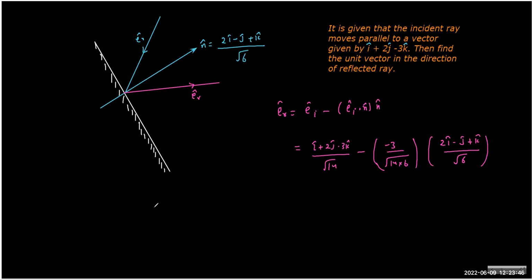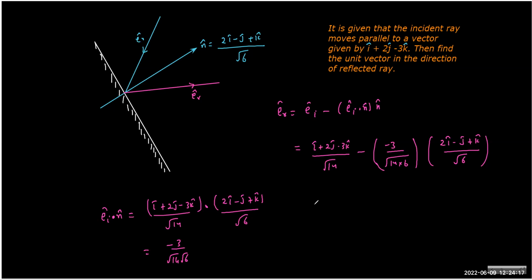The ei is i cap plus 2j cap minus 3k cap upon root 14. Take the dot with n cap. Oh, sir, sorry, minus 3. So this turns out to be 1, 2, 2, 2, 2, 2 cancel and minus 3 by root 14, root 6.